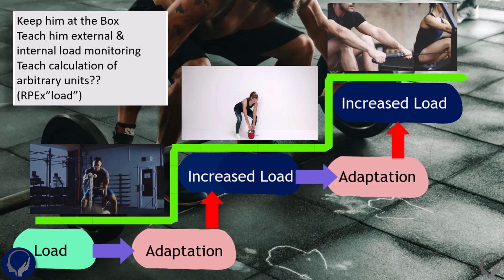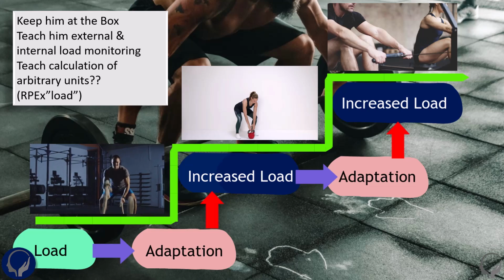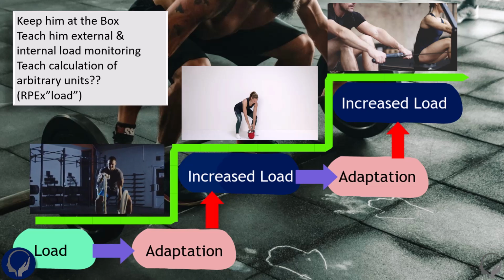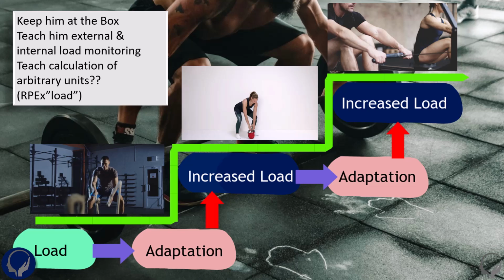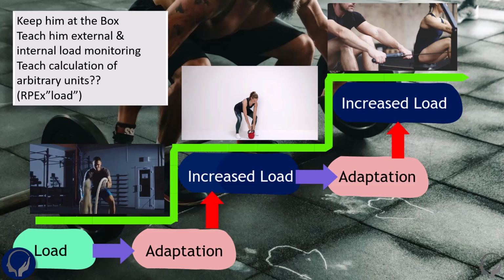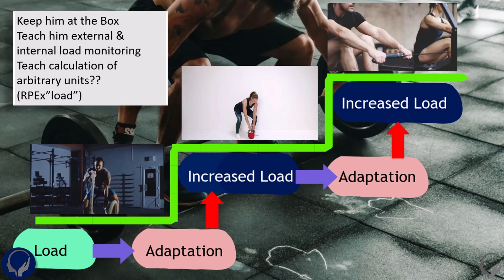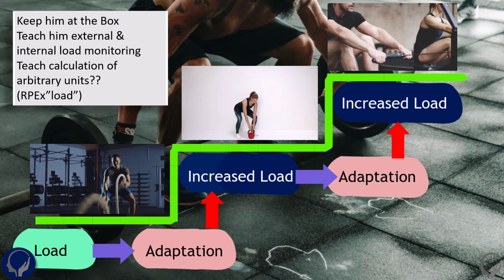So range of motion, unloaded, non-weight bearing, weight bearing, amount of range of motion, and then the amount of load, the weight that he's doing. So two variables: range of motion of the hip, and the load that he's imparting or holding.